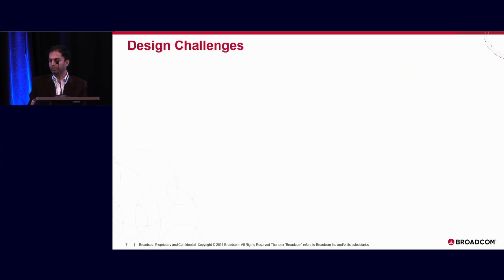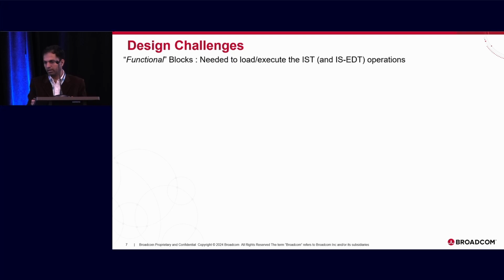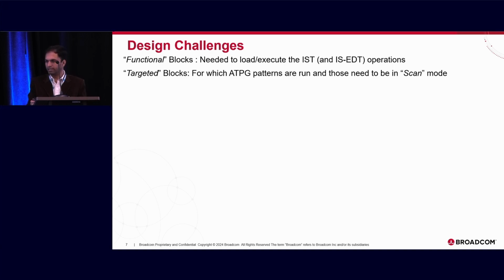Okay, I'll talk about some design challenges. Obviously, I cannot list all of them here, but whatever I could, I'm just trying to touch on those. So I think this terminology is clear from that architecture diagram I showed.